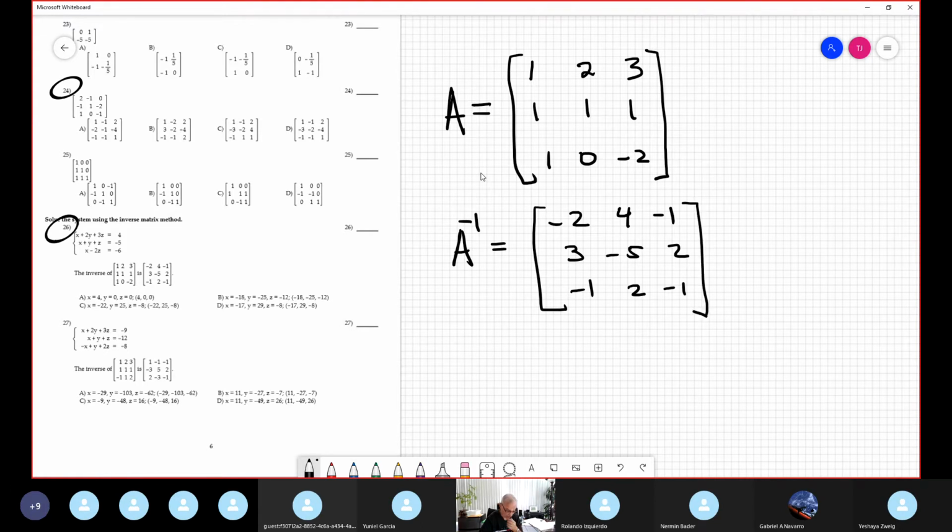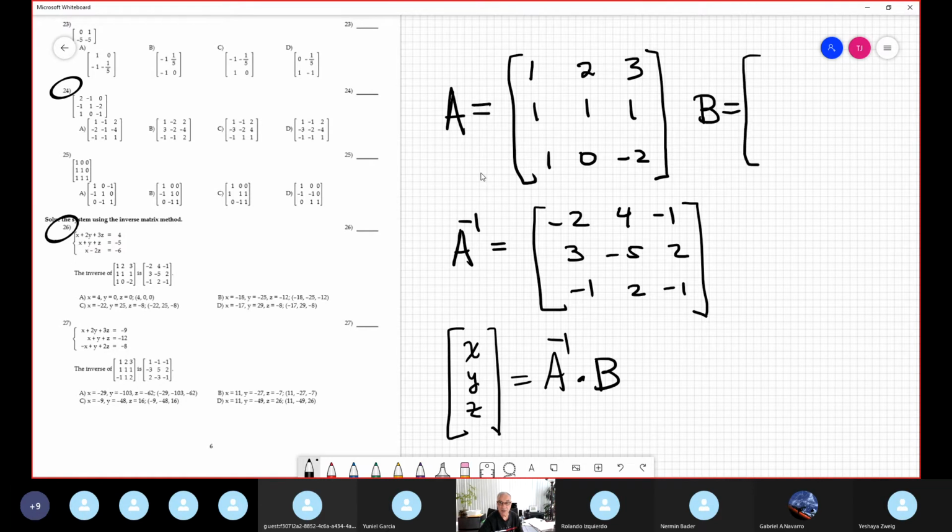After we can verify that, just in case. And the formula is that the variable x, y, z is equal to the inverse matrix multiplied by b. And who is b? B is the vector formed by the right-hand side numbers, in our example 4, -5, and 6.